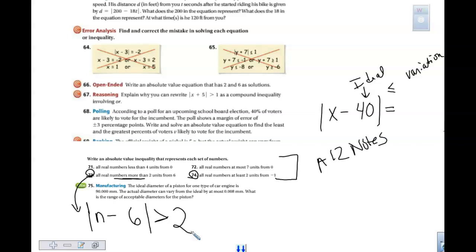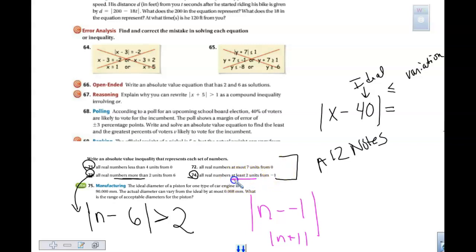So, could you now even try 71, right, and 74? So 74, all real numbers at least 2 units from negative 1. N minus negative 1, which is really going to be rewritten as n plus 1, right?